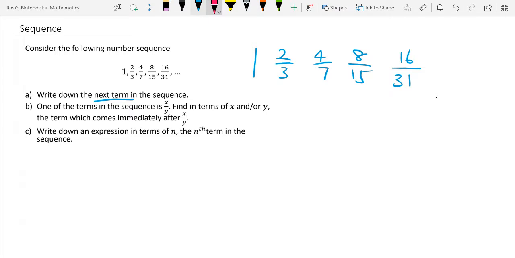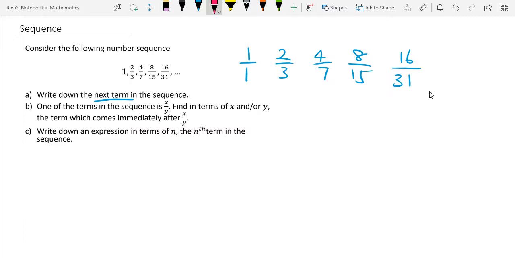To do this, we would like to establish some relationship between the current term and the next term. To make all the numbers look consistent, let's rewrite the numerator also as a fraction. So 1 is 1 over 1. We will examine the relationship separately for the numerator and the denominator.